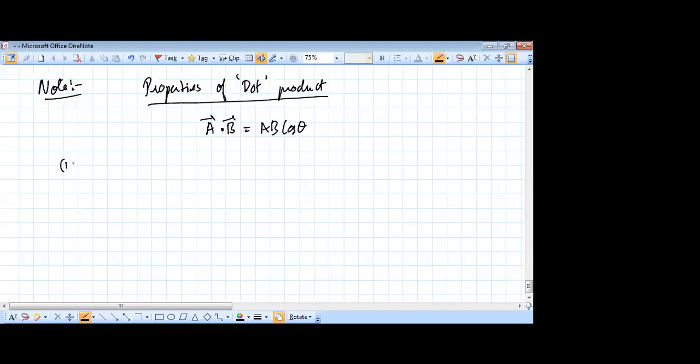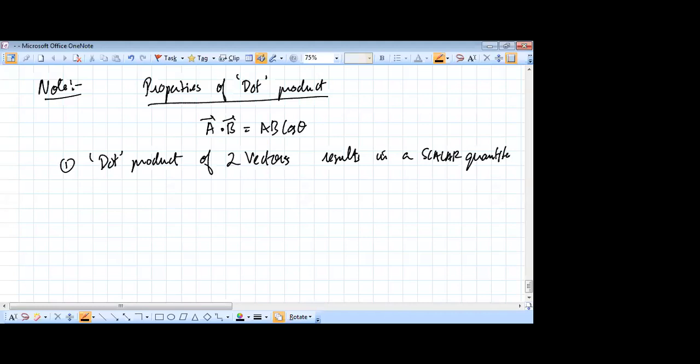The first thing you have to understand is that dot product of two vectors results in a scalar quantity. That's why it is also called scalar product.